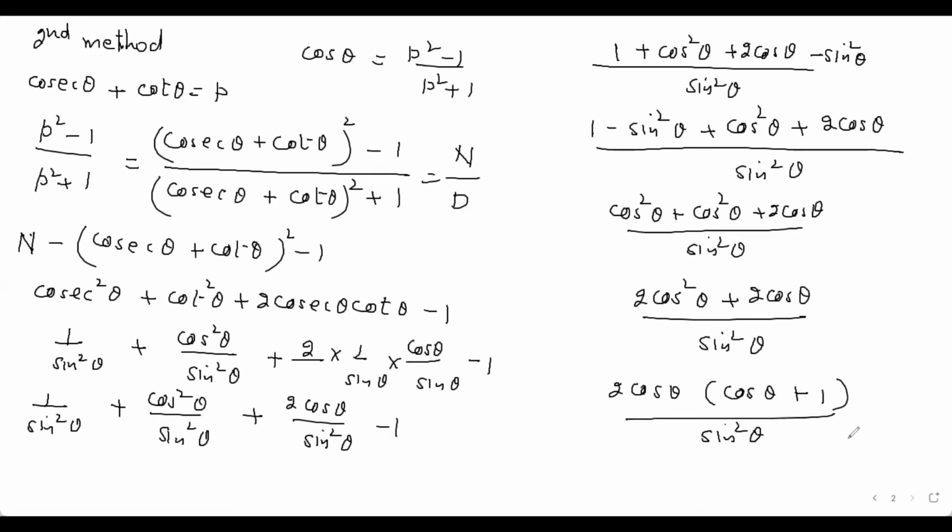Now this is the numerator. Now the denominator, I'm going to solve here. The denominator is p square plus 1. It means cosec theta plus cot theta whole square plus 1.